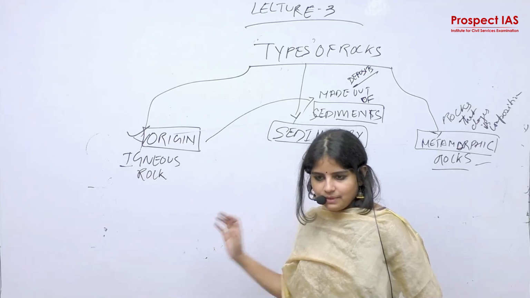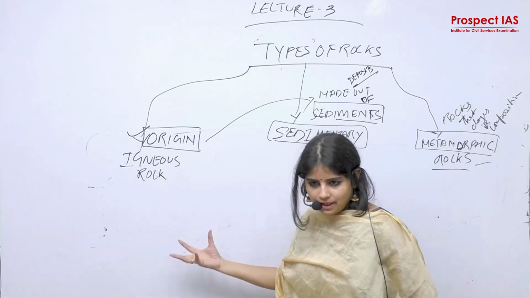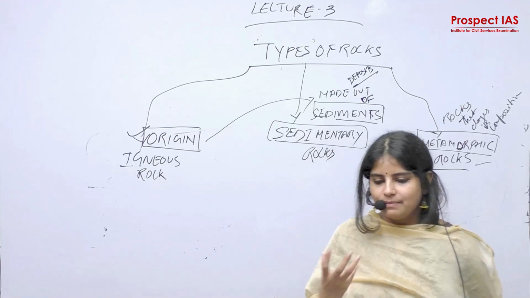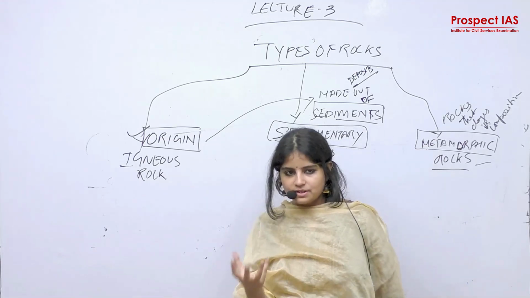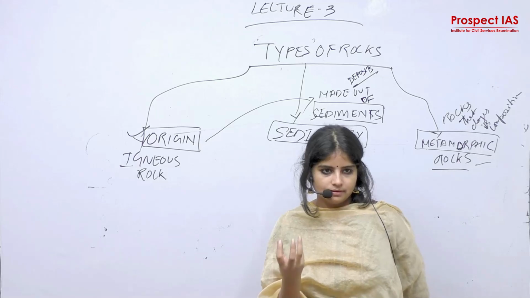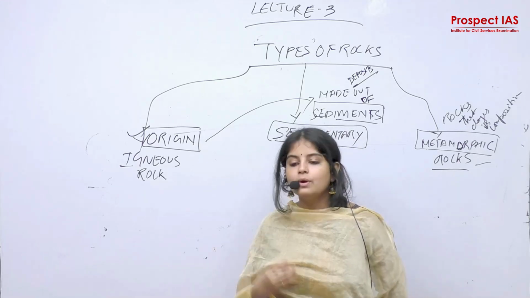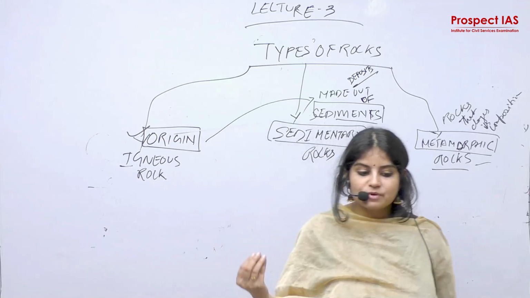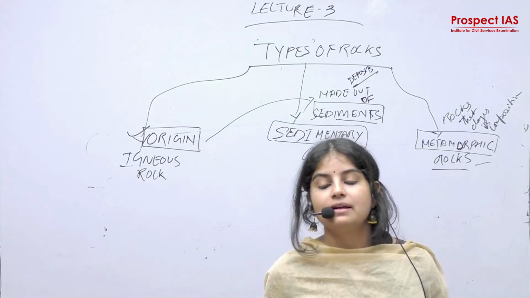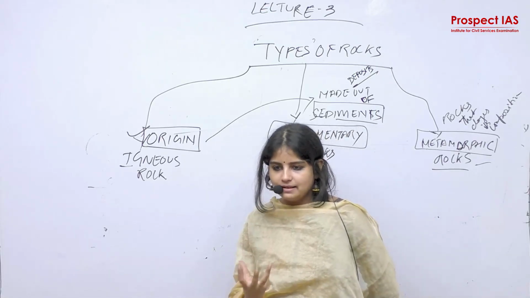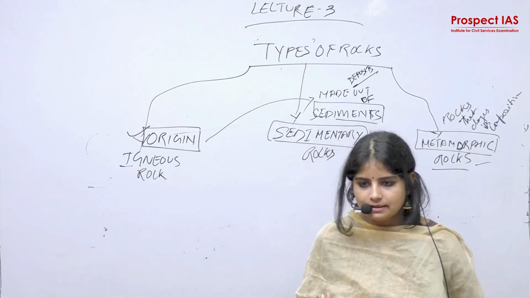Oxygen or oxides make the composition stronger, more solidified, more hard. So it has a greater proportion of oxides, and that's why it is very hard in nature. Igneous rocks are very hard in nature.